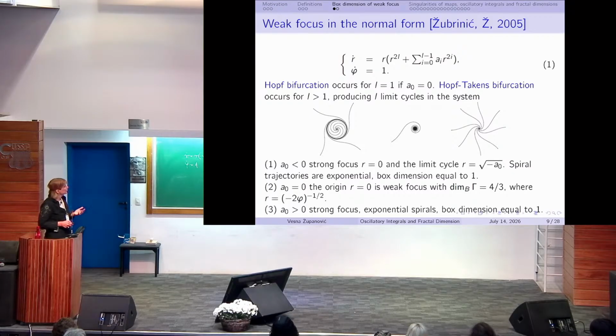This is here, if you find somewhere, and you know that it's weak focus, with dimension 4/3, then you know that after perturbation, just one limit cycle could be born. For L is equal to 2, it is well known that 2 limit cycles could be produced.